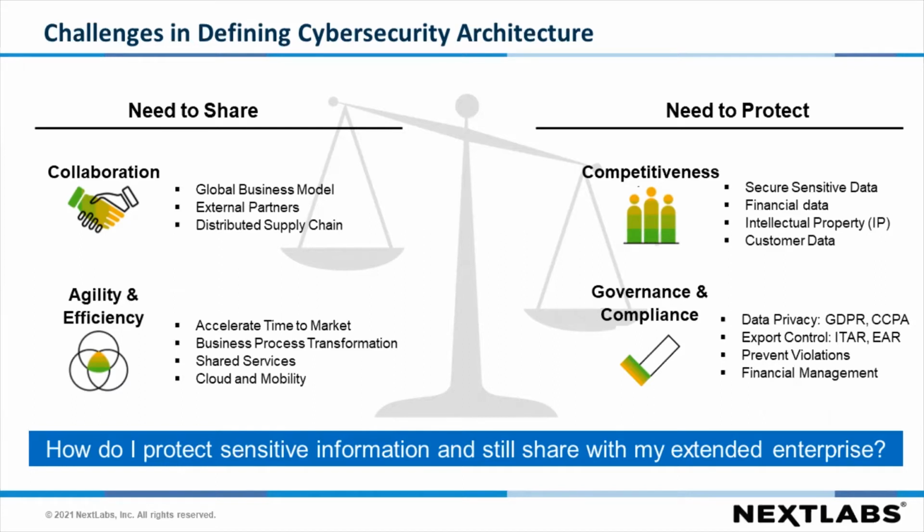Now, there are several different scenarios that come into play with this, obviously, but a common example we often see is protecting intellectual property. You need to share with a manufacturer perhaps how a material is to be engineered, how things are to be made. However, you still need to protect that data so that the competitors cannot weaponize that information against you or take it to one of your competitors, things like that.